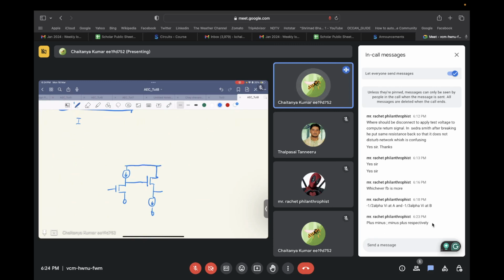I am just trying to make a circuit which can basically help you with this. So now let's say you have this, connected to some bias voltage.